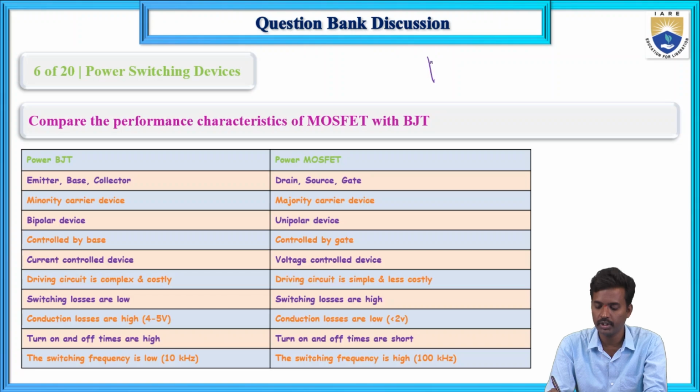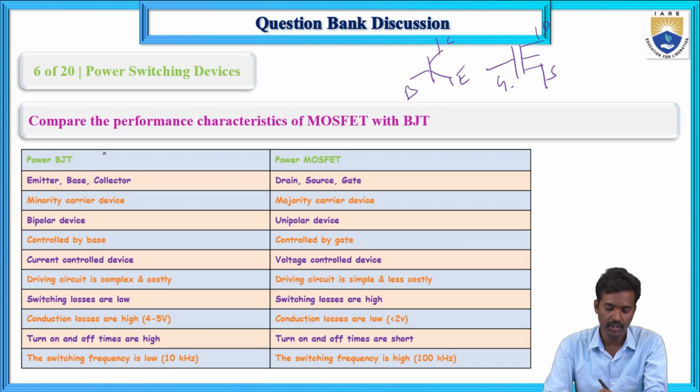Power BJT has emitter, collector, base, and MOSFET has drain, source, gate. BJT is a minority carrier device, MOSFET is a majority carrier device. BJT is bipolar, MOSFET is unipolar.